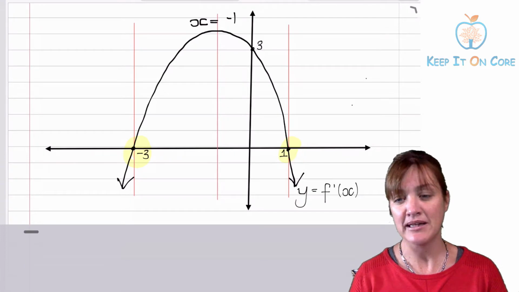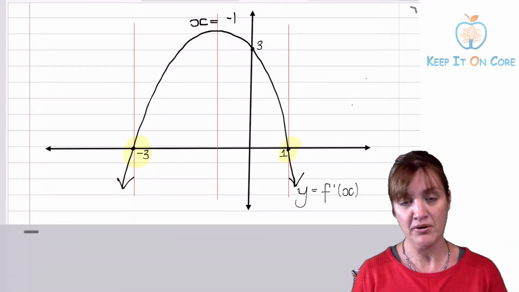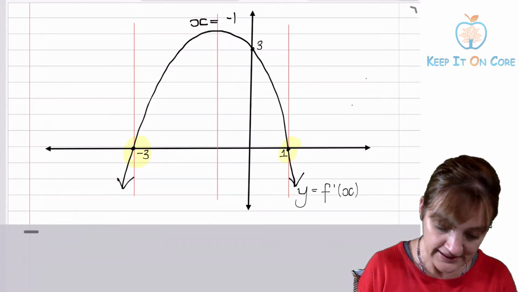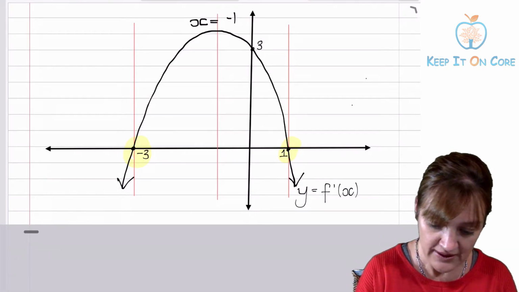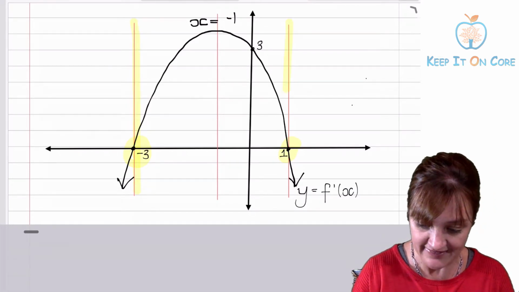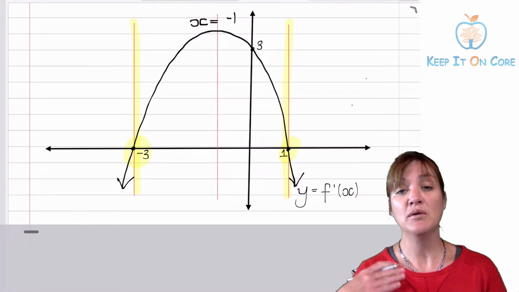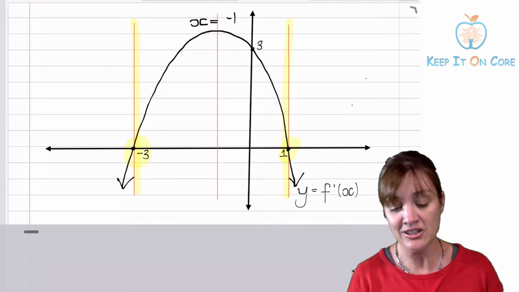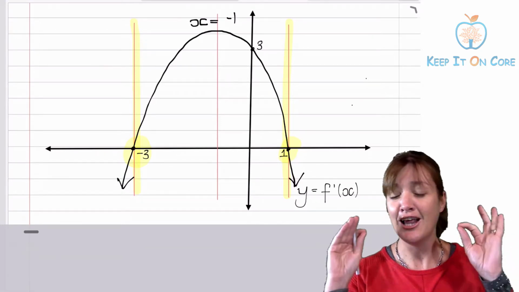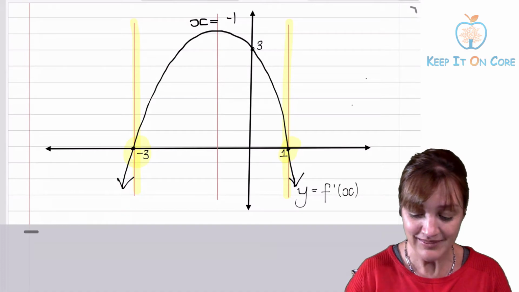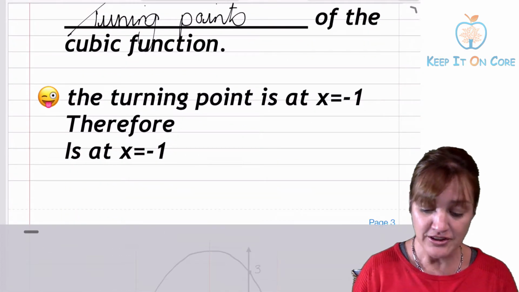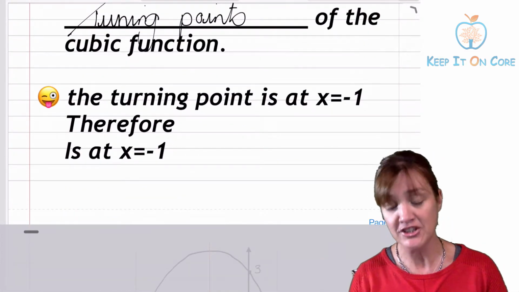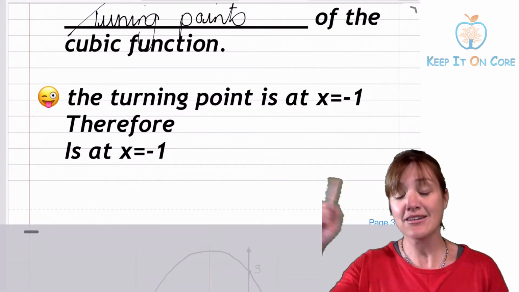This is what I would typically say you need to do: if you've got a parabola, draw a straight line passing through each of the x-intercepts, because we should know that where we've got x-intercepts of a derivative function, that's where we're going to have the turning points of the cubic function. Learn that.